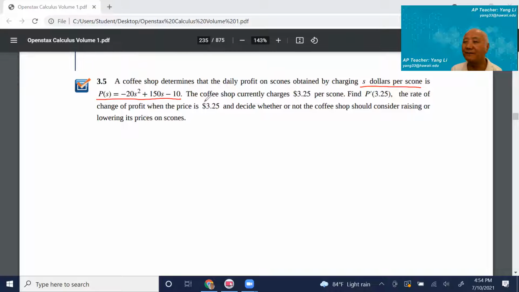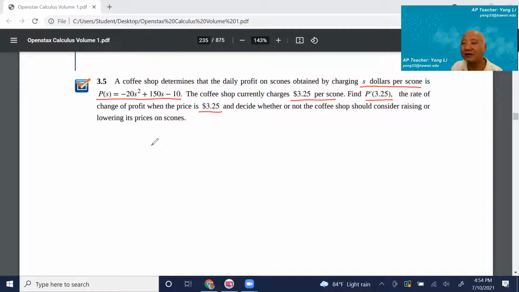And then they ask you to do this here. There's a coffee shop currently charging this much per scone. They ask you to find this. What does this mean? It means the rate of change of the profit when the price is this much. So you need to find out at this price, what the change of the profit will be. Positive means what?